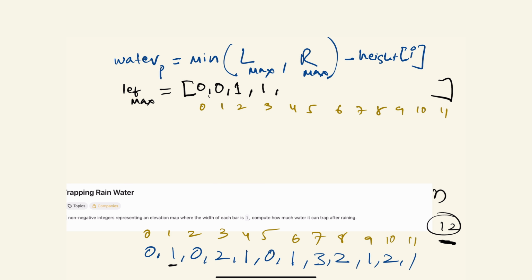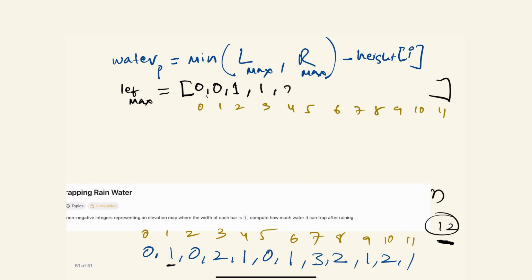Now move to the fourth index. What is the max height? Now it is 2, because at the fourth position there are 4 walls, but the max is 2. So I'm going to store 2 here. Now at the fifth position, what is the max? It is still 2. On the sixth position, still 2.